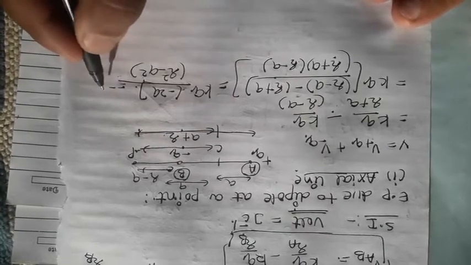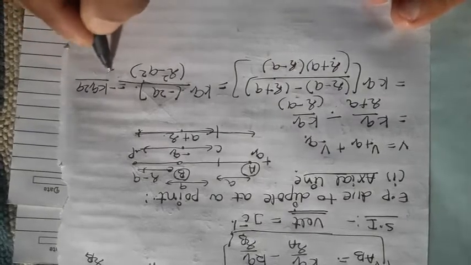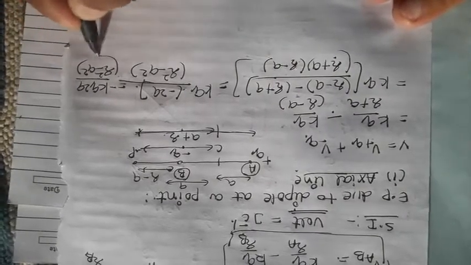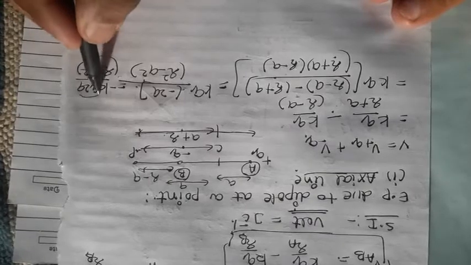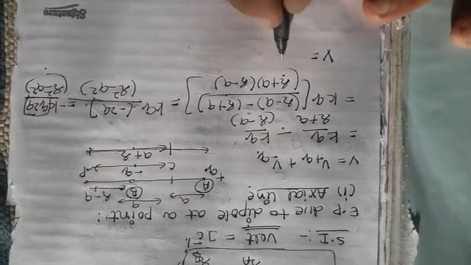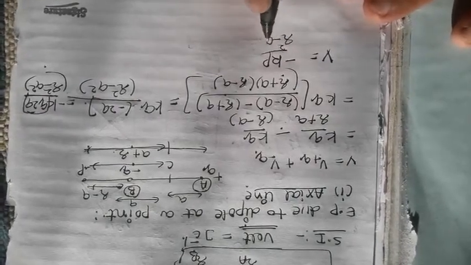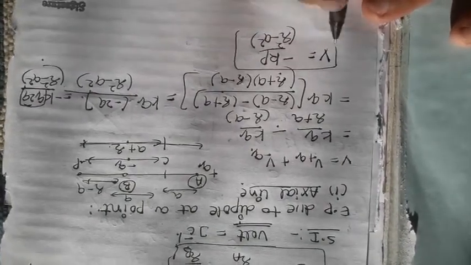So it comes out to be minus KQ 2A upon R square minus A square. Look at this. What is this? This is called dipole moment. It means potential will be equal to minus Kp upon R square minus A square.